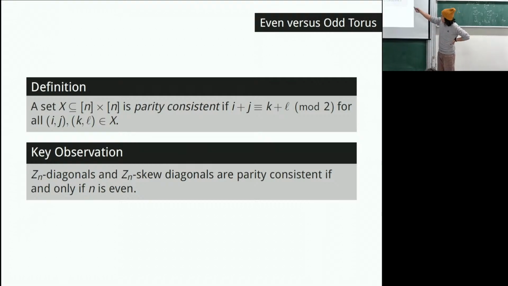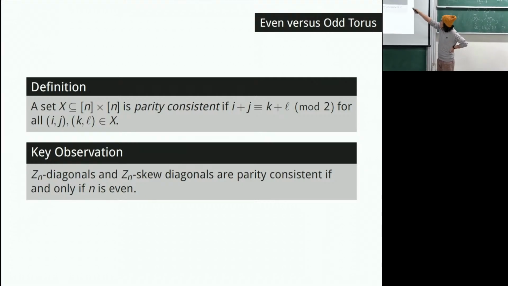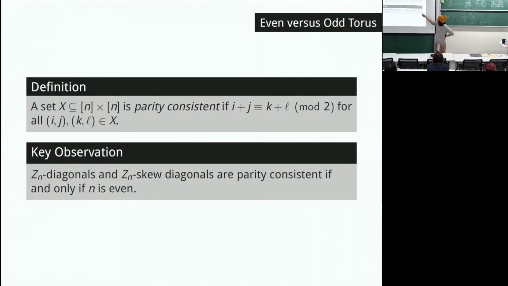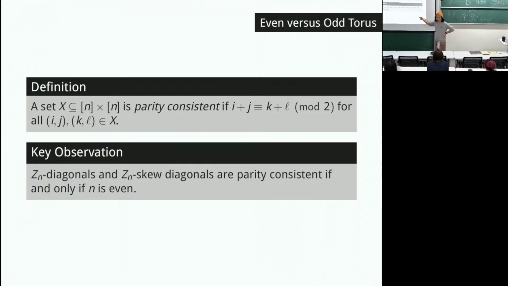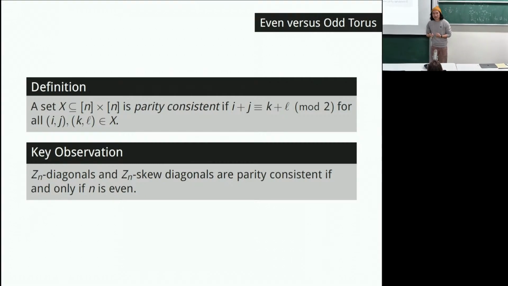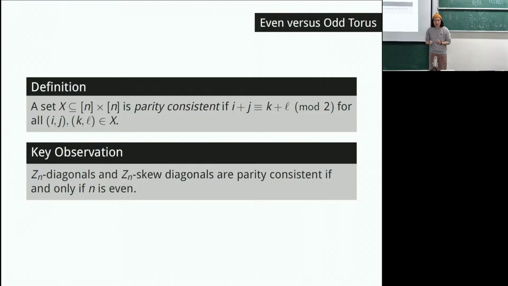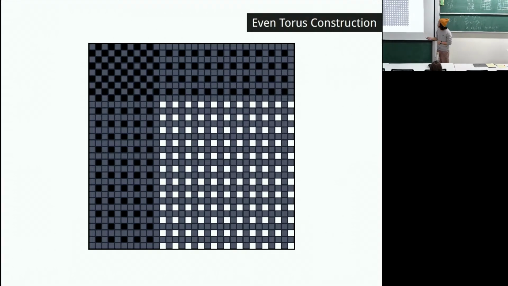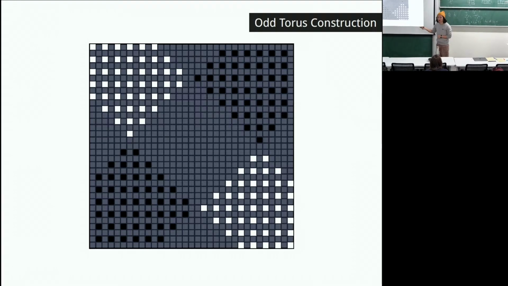Let's say a set is parity consistent if i plus j always has the same parity as k plus l for any two pairs in the set. On the even torus, these diagonals are always parity consistent. This is why the two constructions look quite different, and why you can pack a lot more on the even torus than on the odd torus.